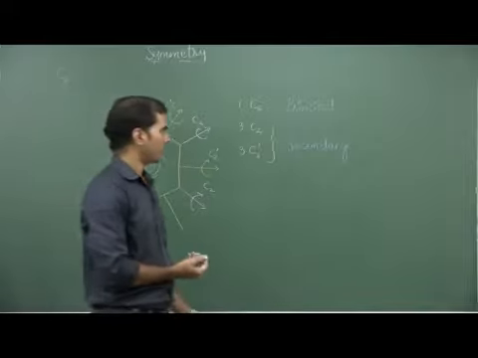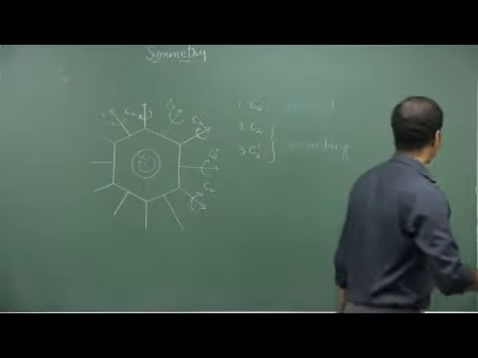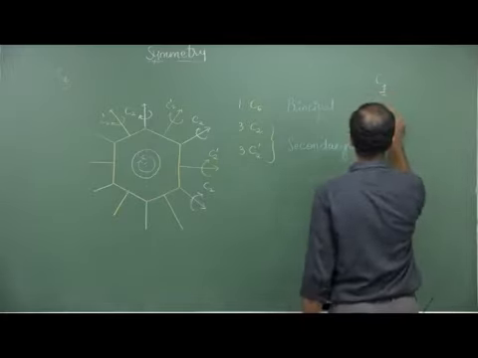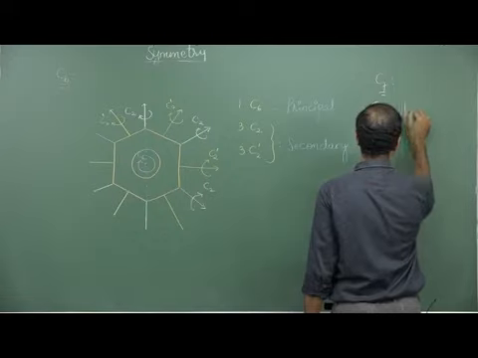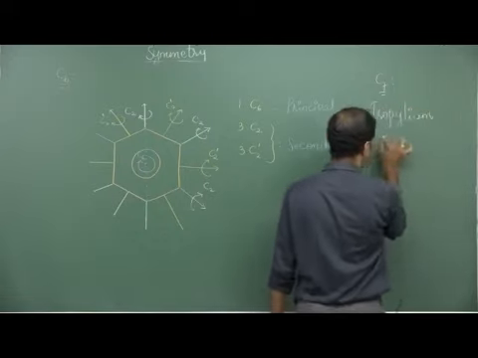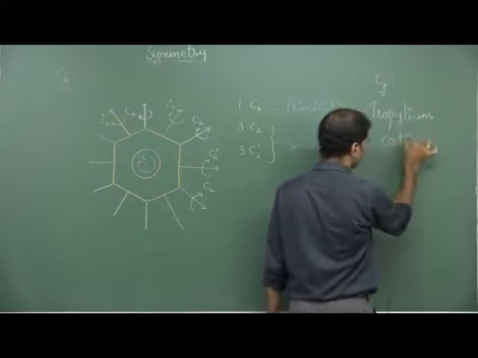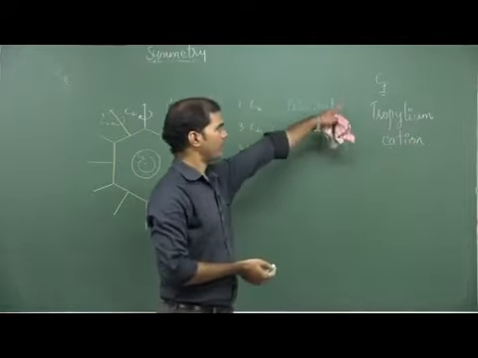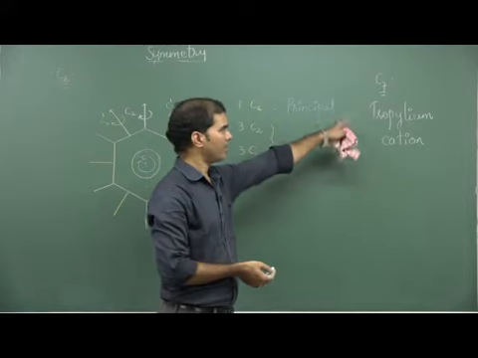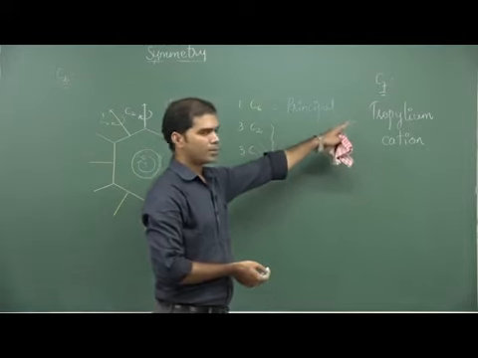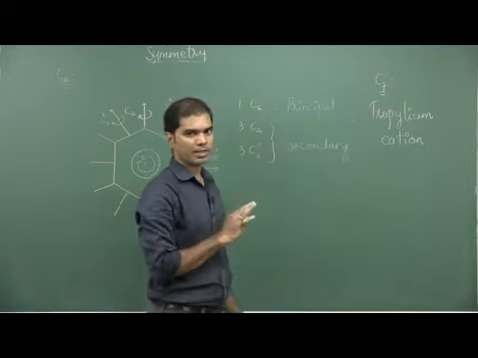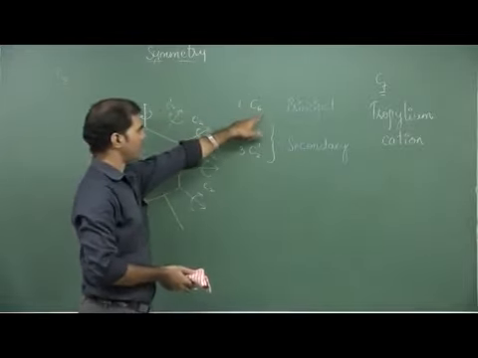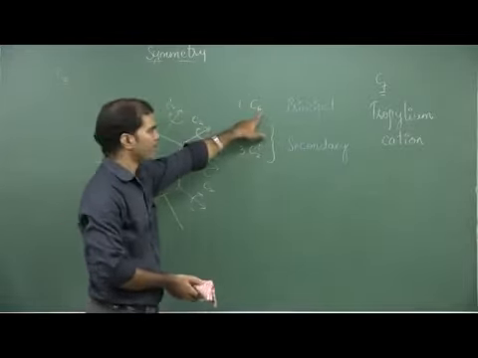If at all you want a C7, the example given is the tropylium cation. This you can do as an assignment. You can show the C7 rotational axis in the tropylium cation. Along with that C7, you also find there are 7 C2s present in it. In benzene, C6, 6 is an even number.